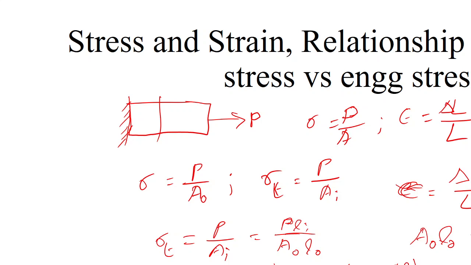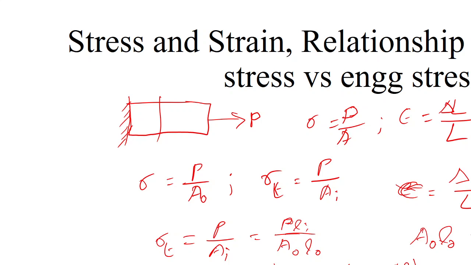Similarly, we will see the relation between true strain and engineering strain. Here true strain is given by dl divided by L, and if I integrate from L naught to the final or instantaneous length Li, we get ln of Li divided by L naught.